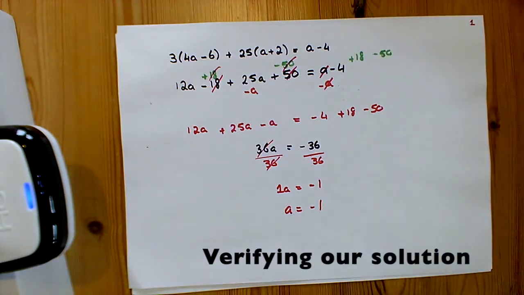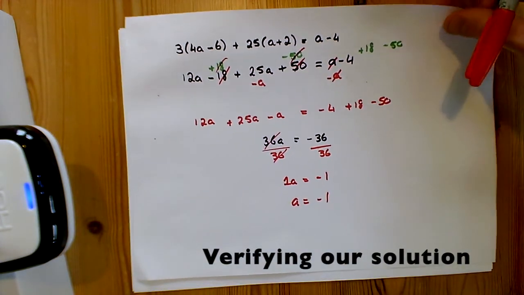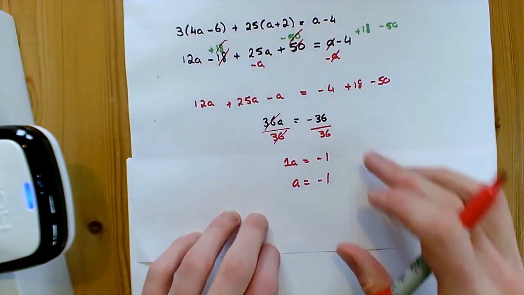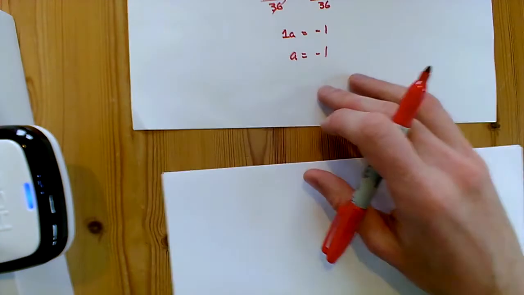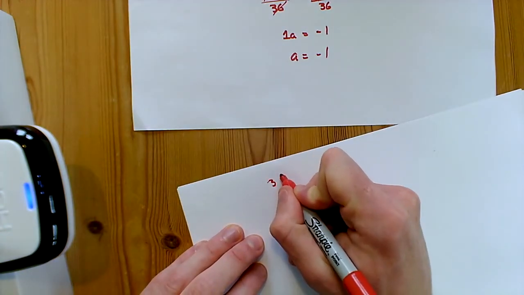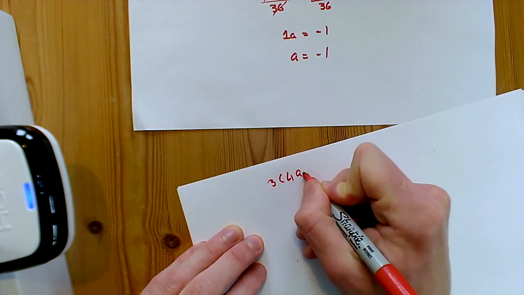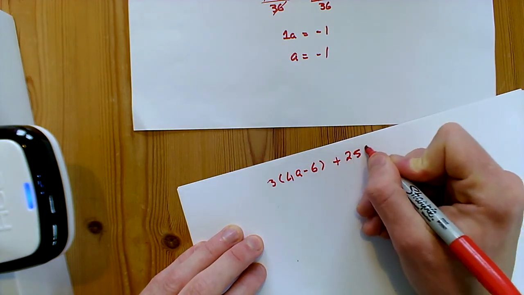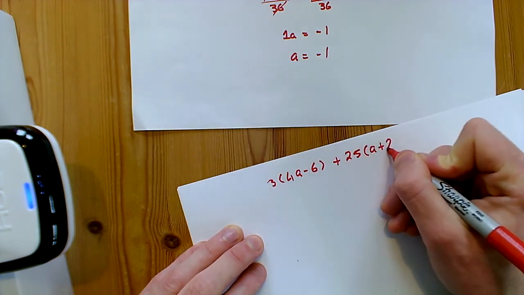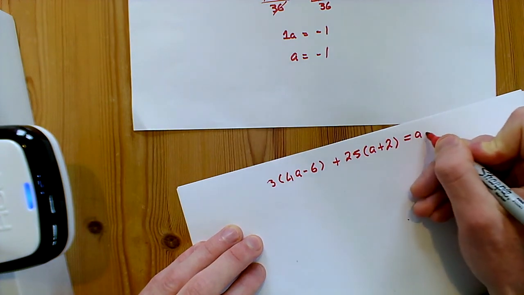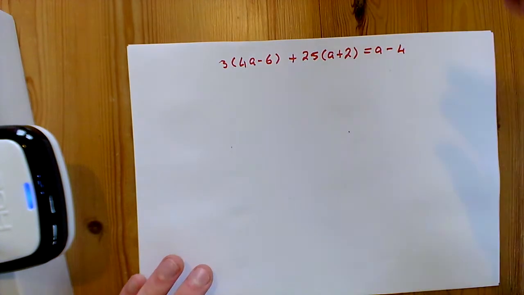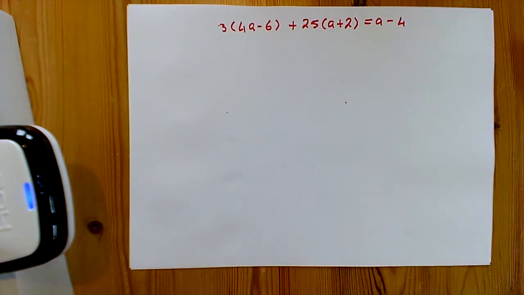Right, and if we were asked to verify this, let's just briefly go through how we would achieve that. Well, we take our very top line there. I'm just going to write that out again. So it was 3 times 4a minus 6 plus 25 times a plus 2 was equal to a minus 4. And what we said in our last solution there was that we found out that a was equal to minus 1.